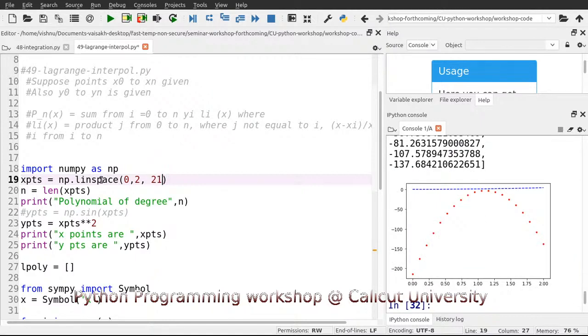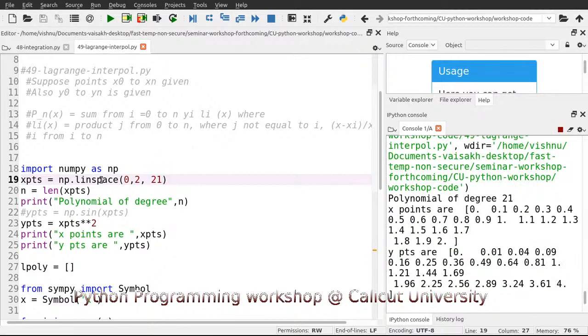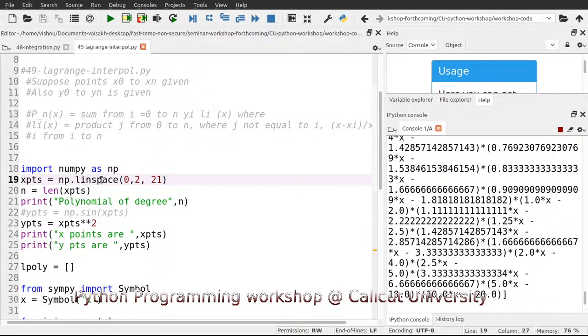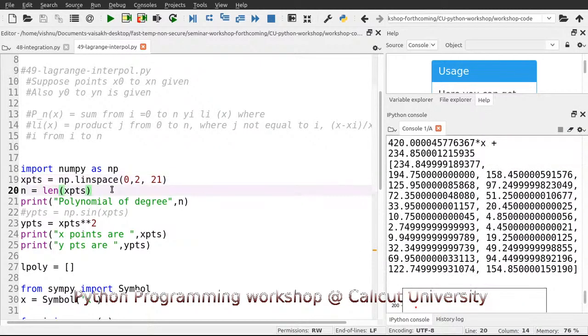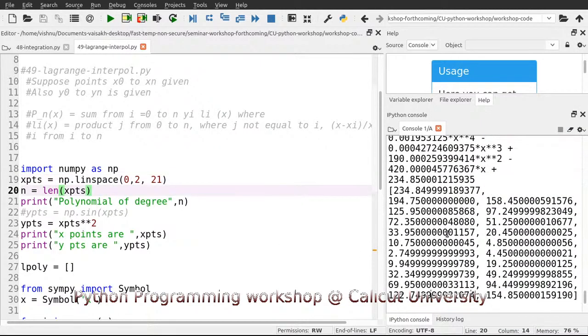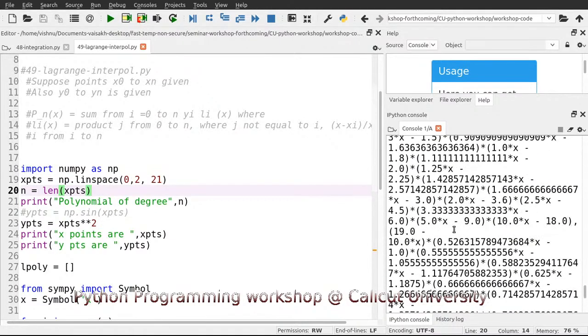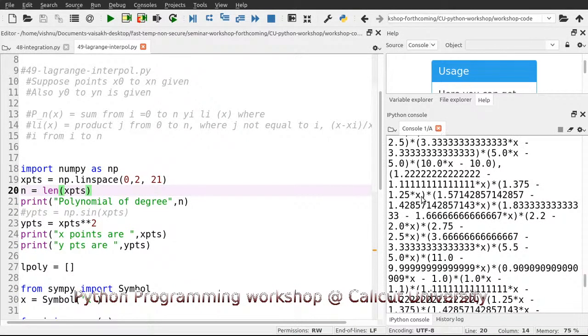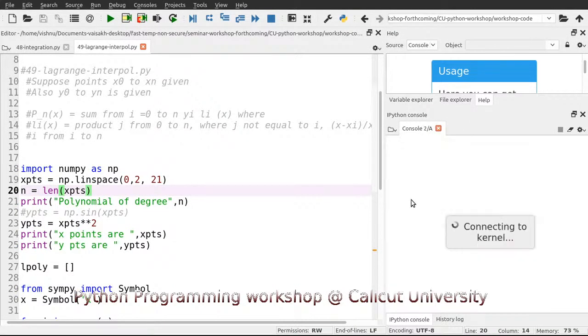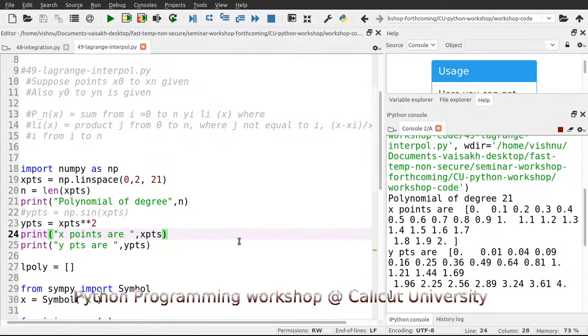Take 21 points. So how many points are there? Polynomial of degree n. Polynomial of degree 21. But we don't have polynomial of degree 21, right?